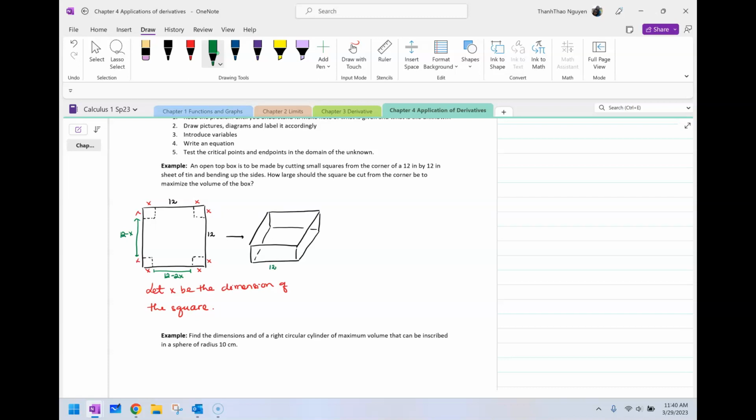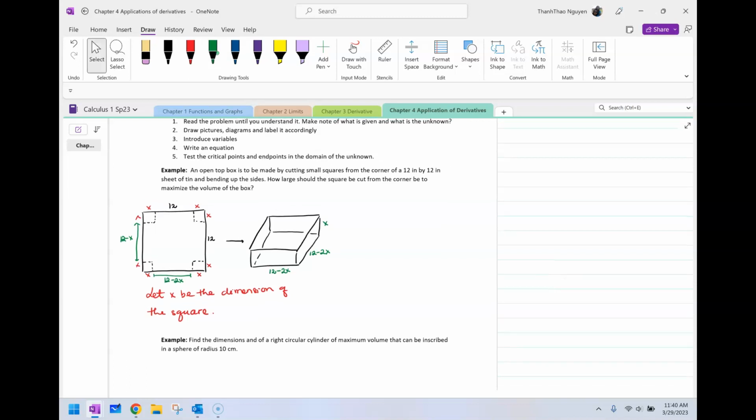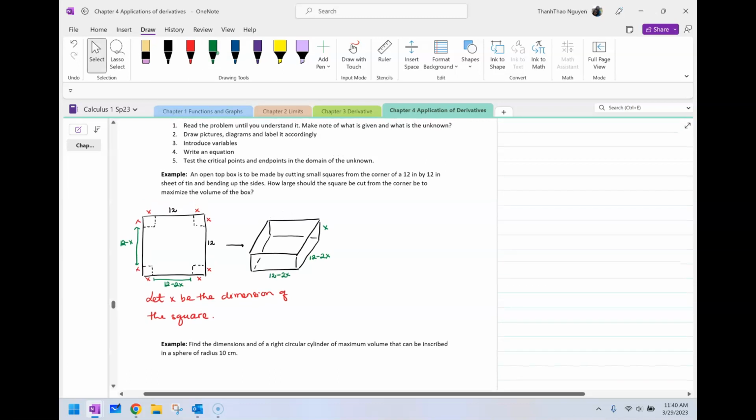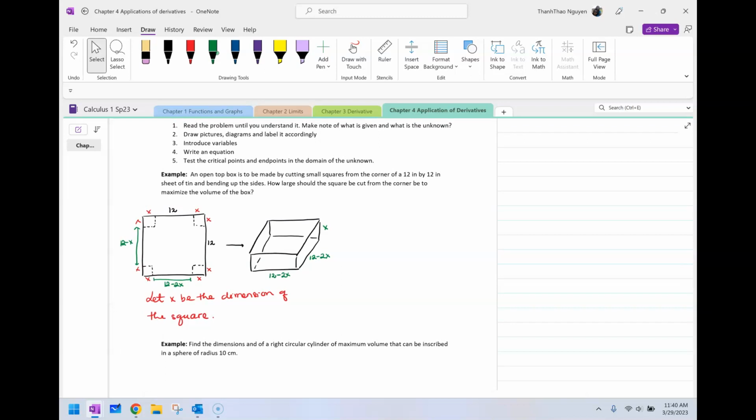The bottom is 12 minus 2x by 12 minus 2x, and because we cut out the squares and fold the sides up to make the box, the height of the box will be x. So what do we want to do? How large should the square be cut from the corner to maximize the volume of the box? So we want to maximize the volume of the box.